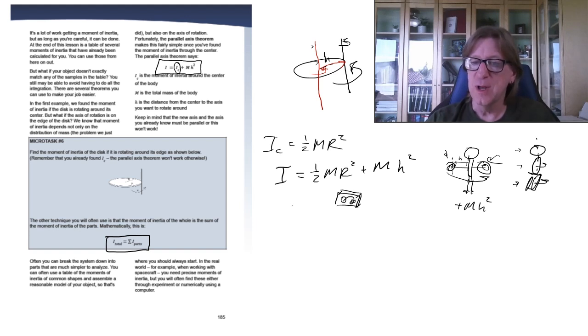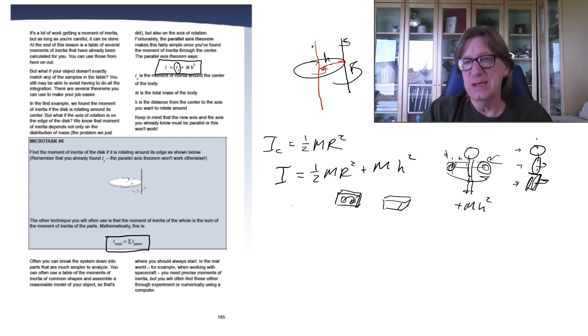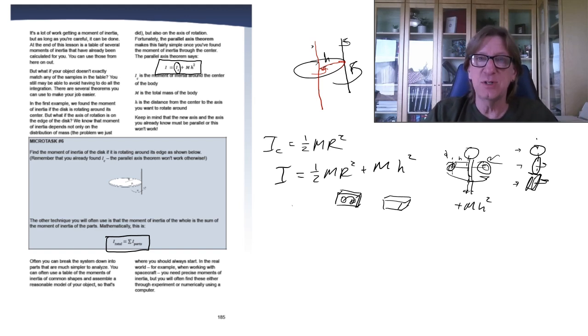But even just ignoring the circular pieces and treating it as a simple rectangle is going to give me a pretty good idea of how this thing is going to rotate. And then if I need to refine it more, I can work it out using these smaller pieces and add up everything until I've got what I finally need. So those are all the techniques that you're going to be using anytime you're trying to find the moment of inertia.